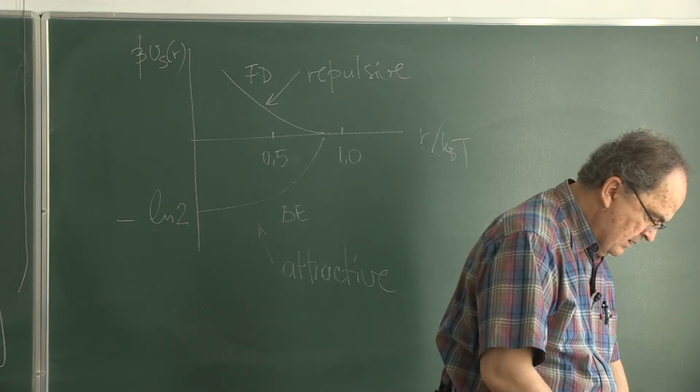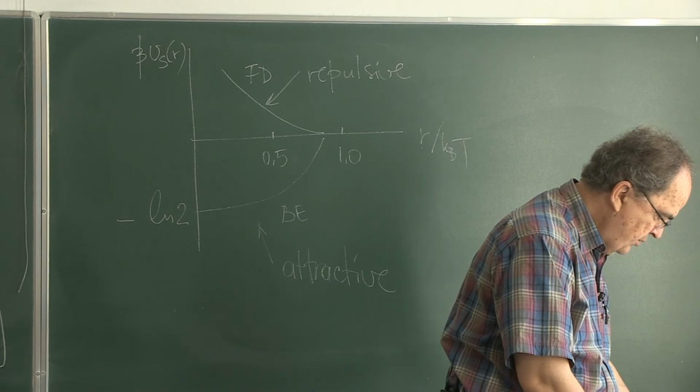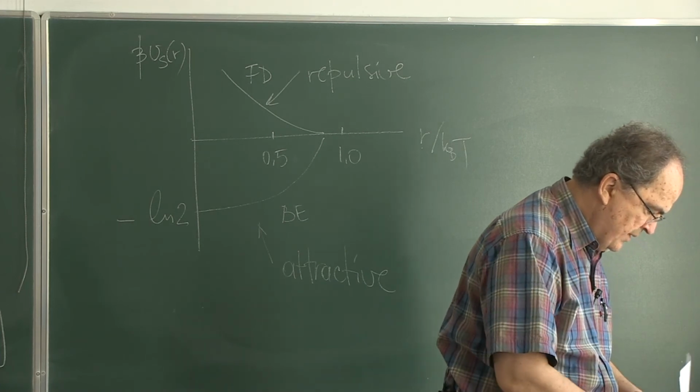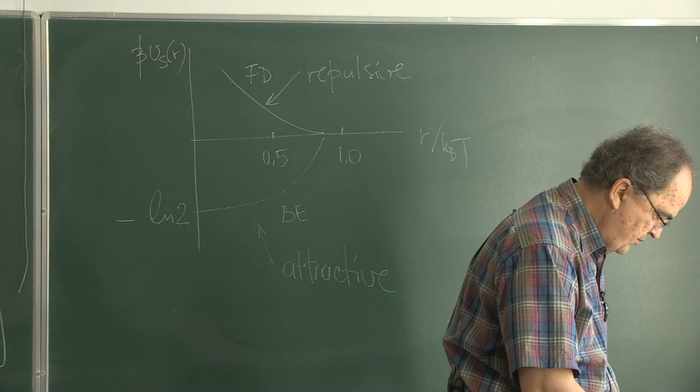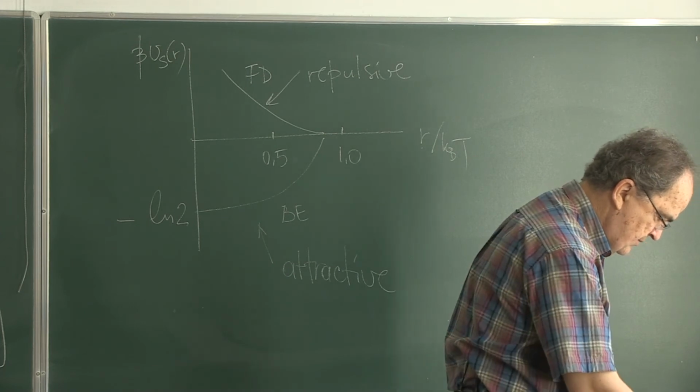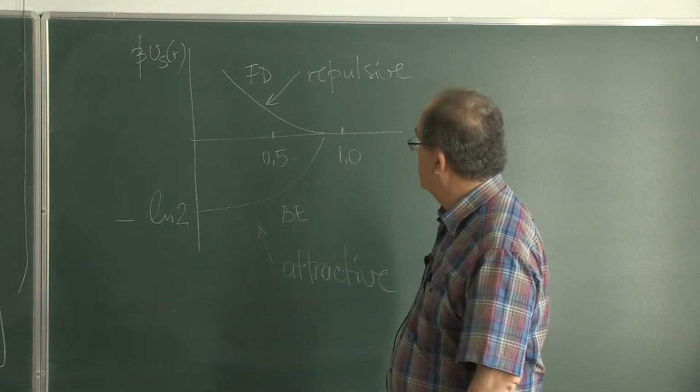Something is going to zero when the factor is going to zero. What does that mean? Can you interpret this zero?